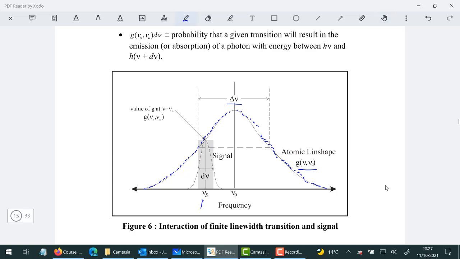A signal here is being applied at this particular frequency, nu s, and it has its own distribution and its own line width. So how do those two curves convolute with each other? How do they interact with each other? That's what we want to know.